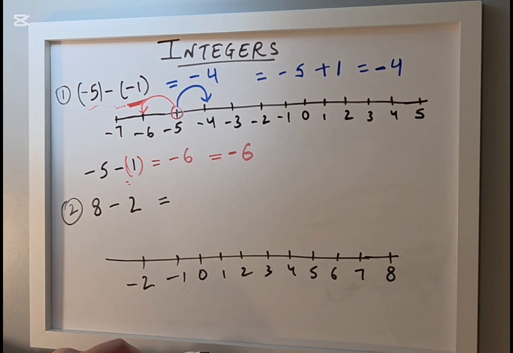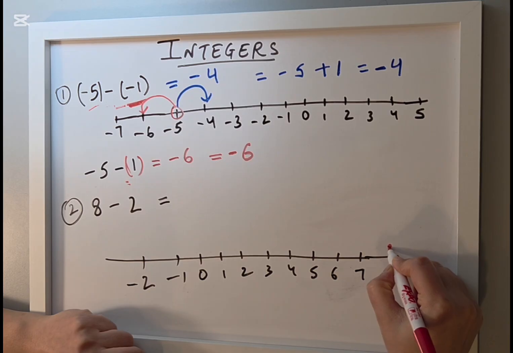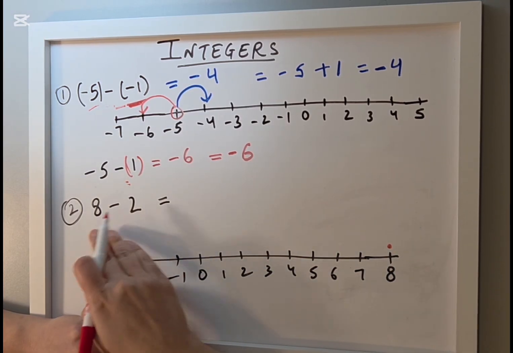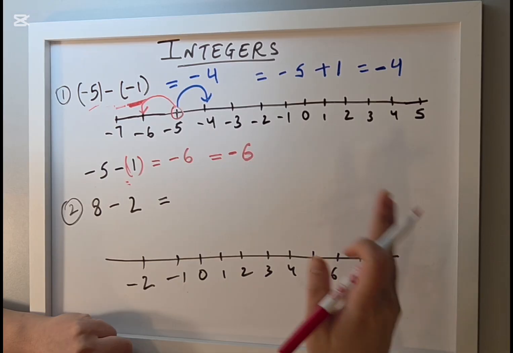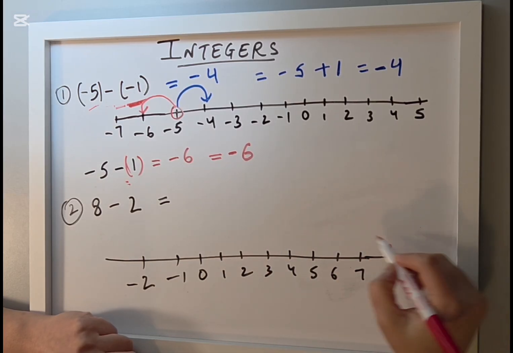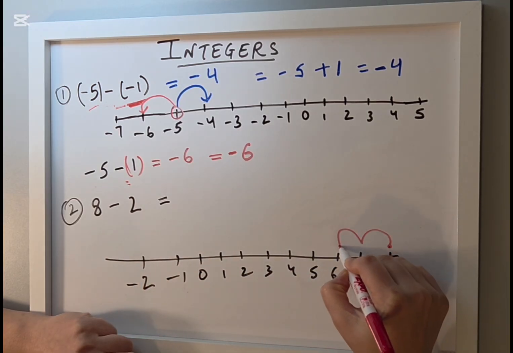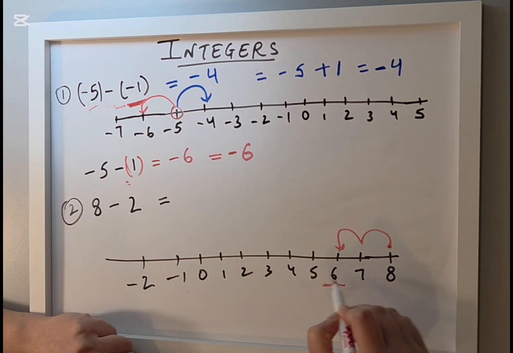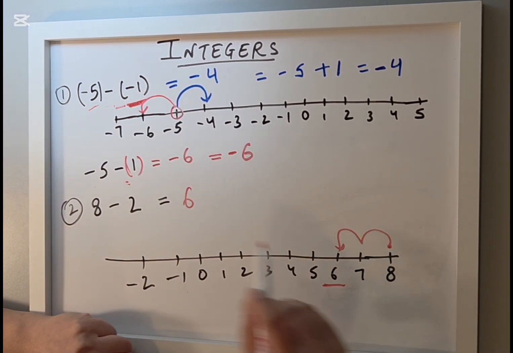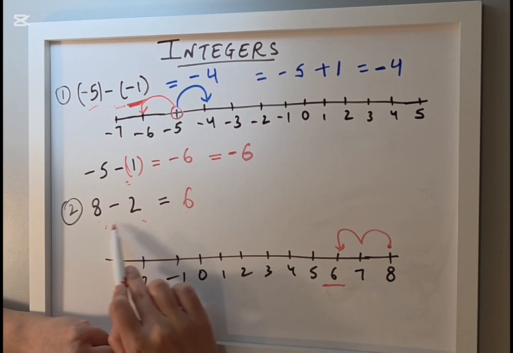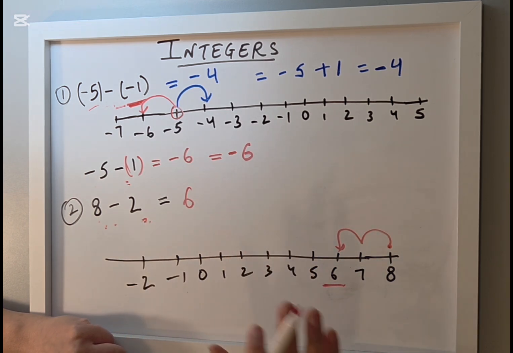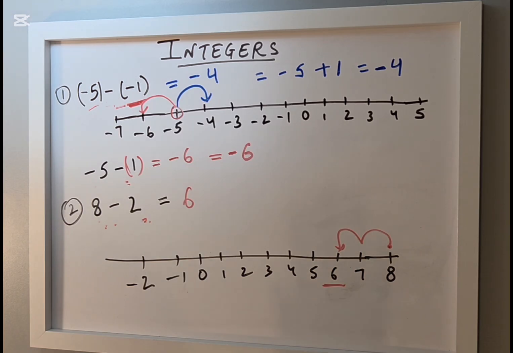So first we identify 8 on the number line, then minus 2. Whenever it's minus, we go towards the left, and it's a positive number, so we go towards the left. So 2 times we go towards the left, it gives us 6. And 8 minus 2 directly also we can say it's 6. So I hope it is clear.